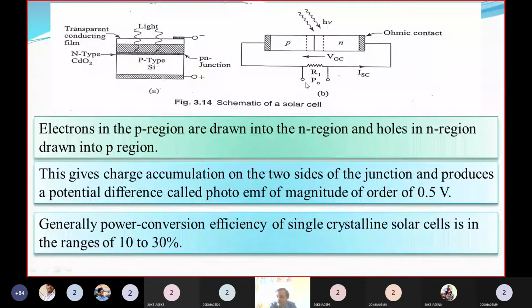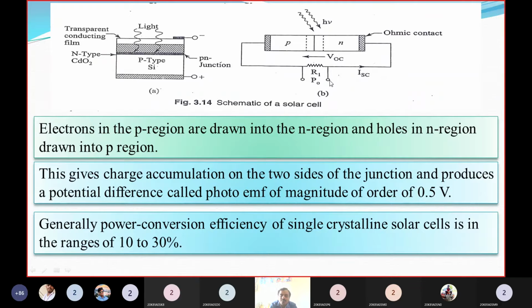For calculating the saturated current, what we do is just remove the load resistance, here, and connect these two terminals with each other.